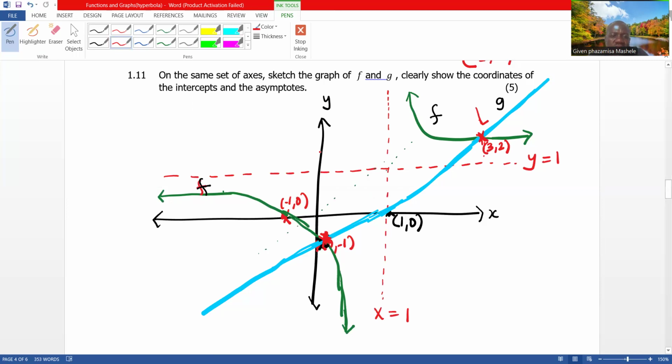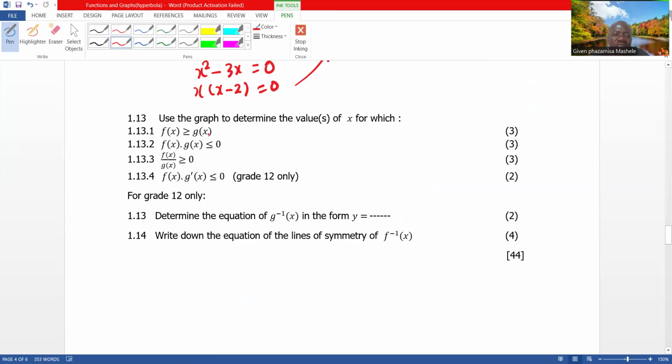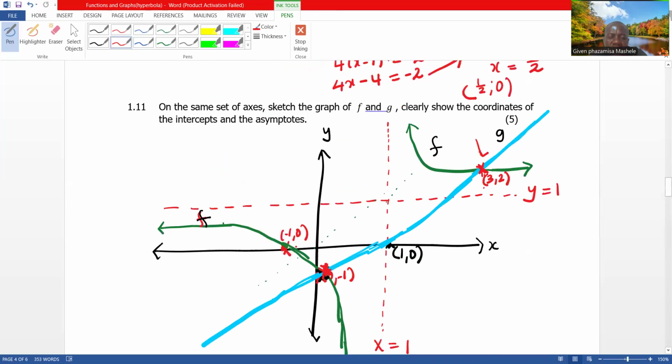Then the next question says, use the graph to determine the values of x for which f of x is greater than g of x. We need to use the graph to determine the values of x where f of x is greater than g of x. What does this mean, ladies and gentlemen?